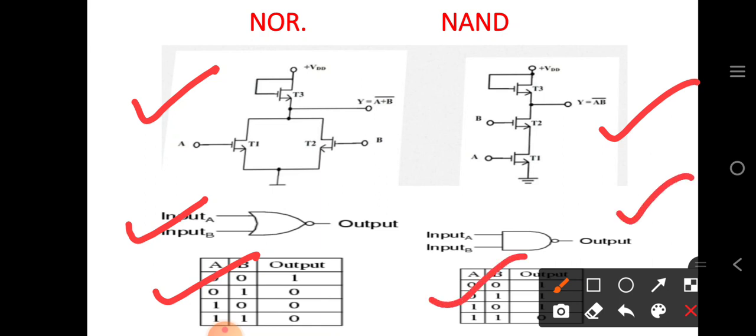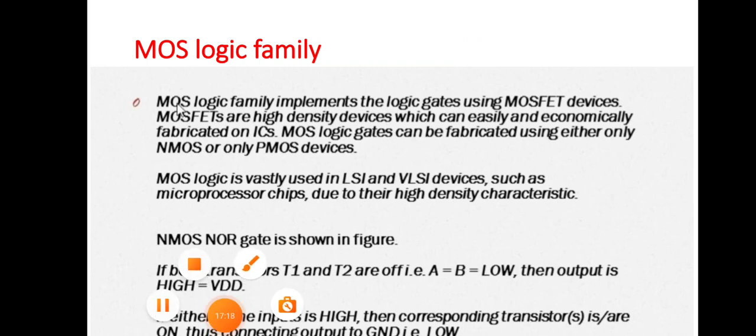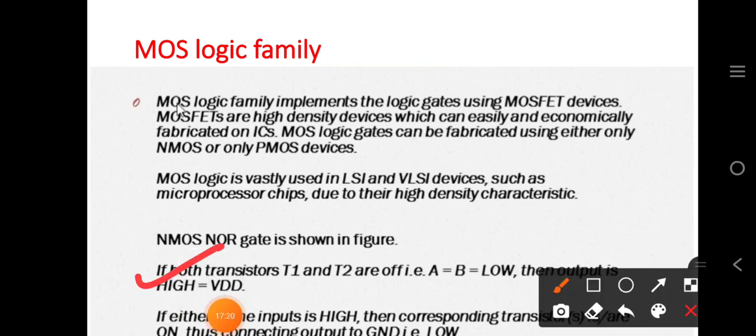Now we will see the operation one by one, but before that we will see these last 2 points which are very important. If both transistors T1 and T2 are off, this is for the NMOS NOR gate.